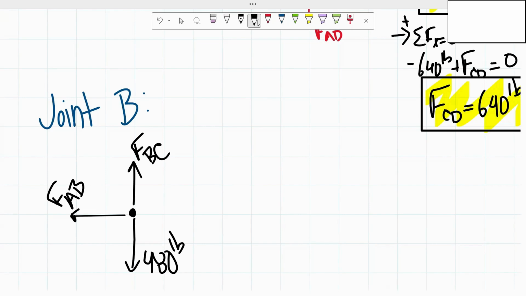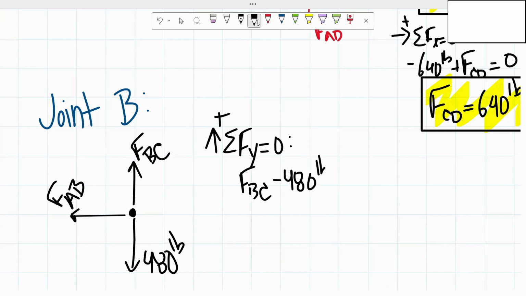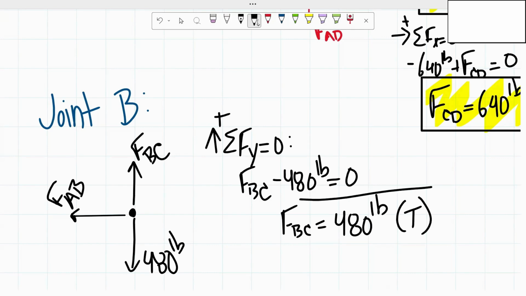I'm going to start off by taking the sum of the forces in the x direction to determine the value of the force BC. Since we get a positive number, we know that it's going to be in tension.